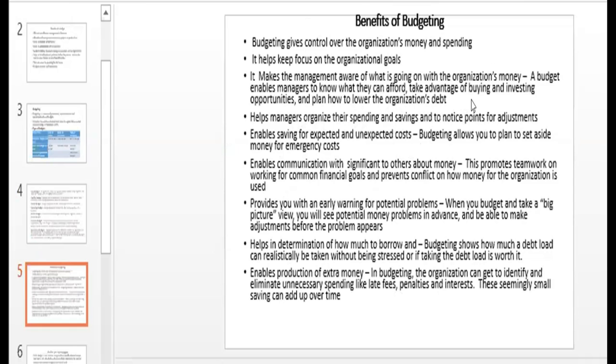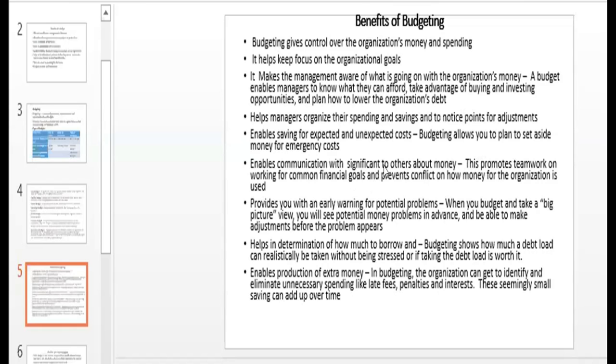All right, so we can plan for the debts in advance. How much do we want to have so that we fill the gap of the cash flow that we have. Then it helps managers organize their spending and savings and to notice points of adjustment.